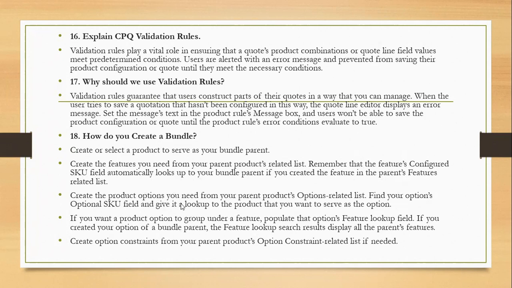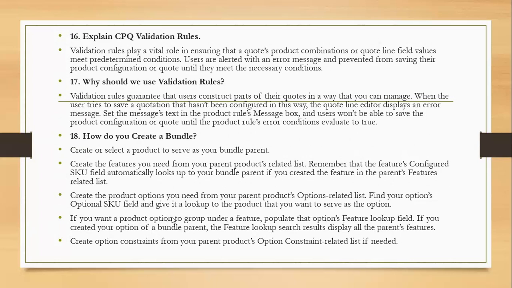Next, create the product options you need from your parent product's options related list. In your option, the CPQ fields give a lookup of the product that you want to serve as an option.